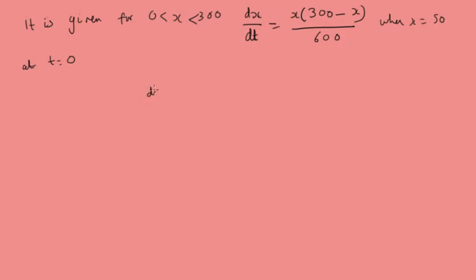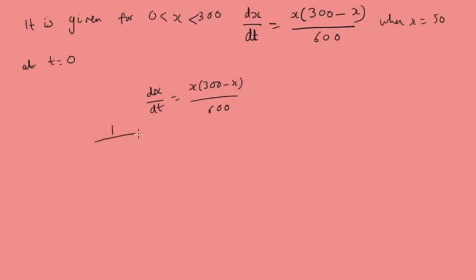So we have dx by dt equals x times (300 minus x) over 600. This time we want to bring the part with x's in it over to the left hand side.